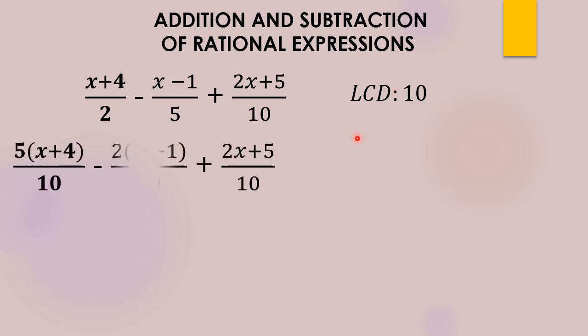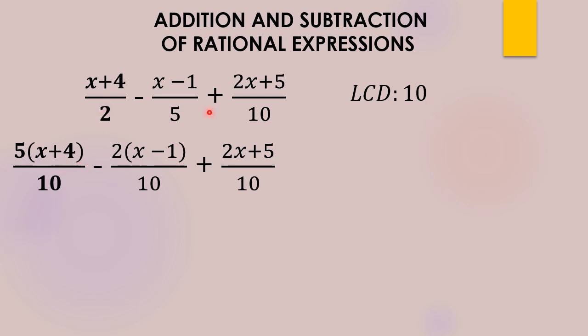So, and then to get the equivalent fraction of each rational expression, we divide 10 by 2. 10 divided by 2 is 5. So that's why here is 5 multiply 2 times quantity x plus 4.